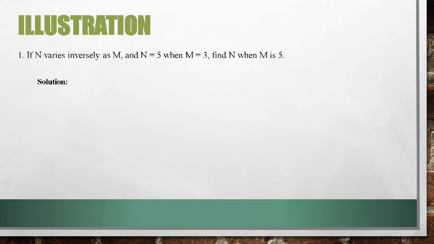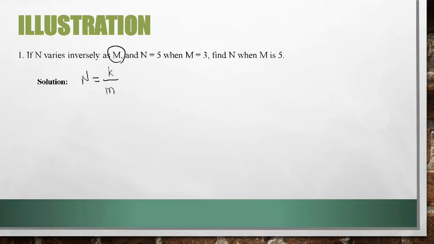So here is to have our formula. So yung formula natin is n, the first variable, varies inversely as m, the second variable. Therefore, we have the constant here and the second variable. Now, we have the formula. Ang process nito ay katulad lang din ng ating direct variation.